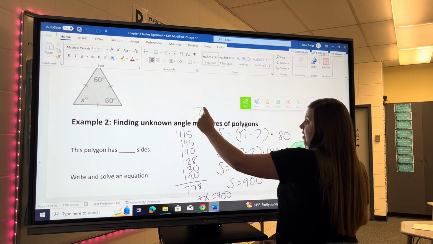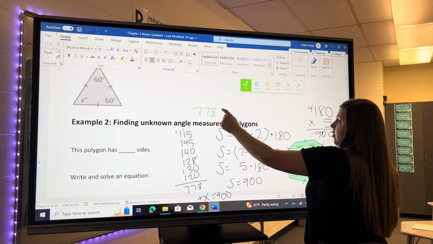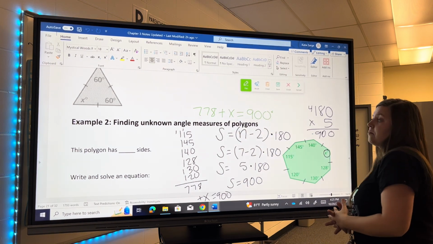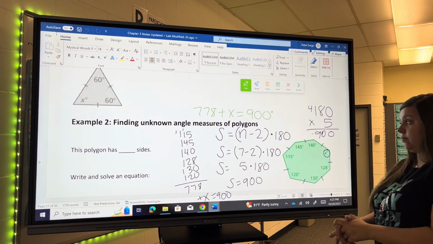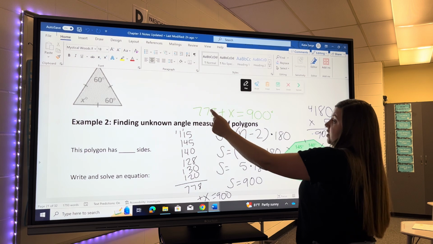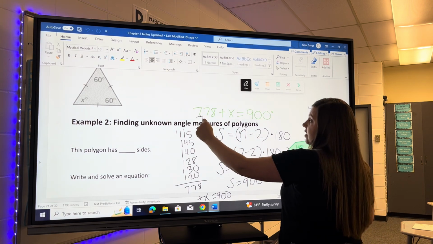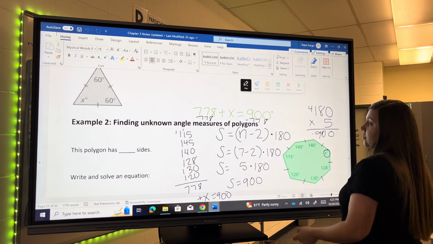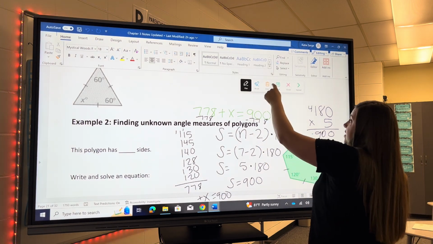So 778 plus x has to be 900 degrees. So how do we solve? You need to subtract 778 from itself and from the other side, okay, and figure out what is missing.